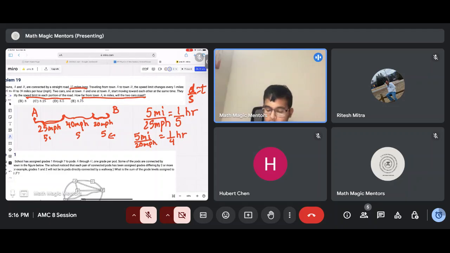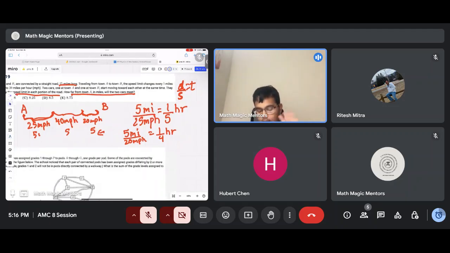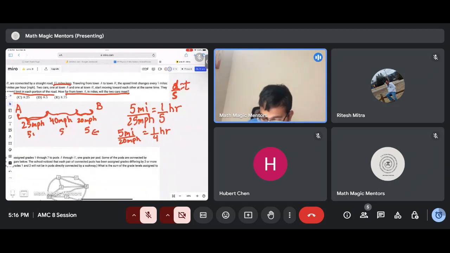right? So that means that there's a discrepancy between what A travels and what B travels. A is going faster, so 1/5 of an hour is like 12 minutes, I think. Yeah, 12 minutes, and then this is 15 minutes, right? So we can see that B takes longer to cross the first part of its journey than A does.